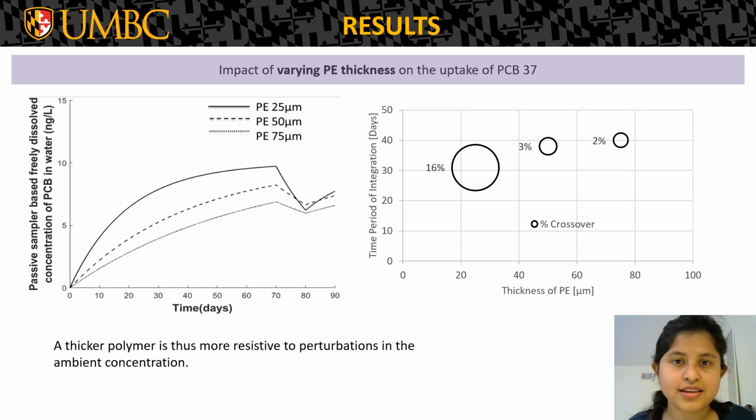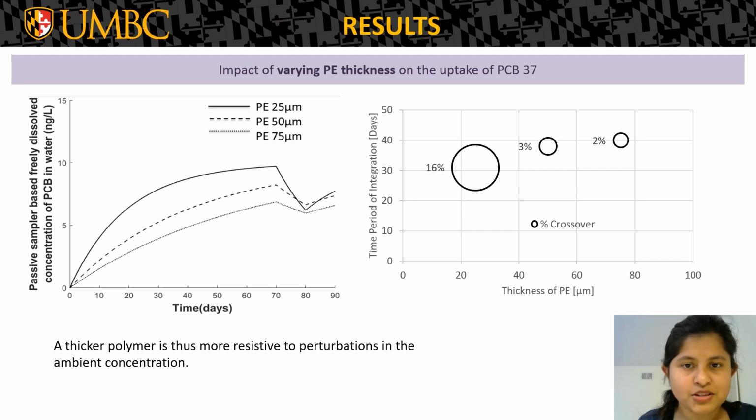One of the things that provides resistance to the diffusive flux into the sampler is the thickness of the sampler itself. There are three major thicknesses of PE that we use for passive sampling. The 25 micrometer PE thickness corresponds to the 1 mil PE, and PCB37 reached equilibrium slower and experienced a lower dip due to the pulse for the thickest polymer, which is the 3 mil polymer.